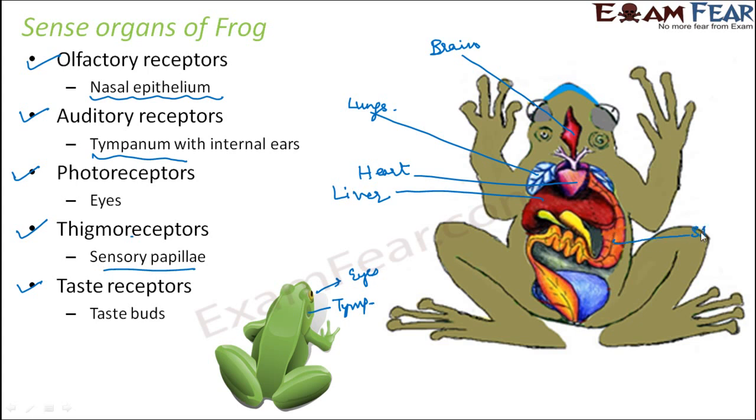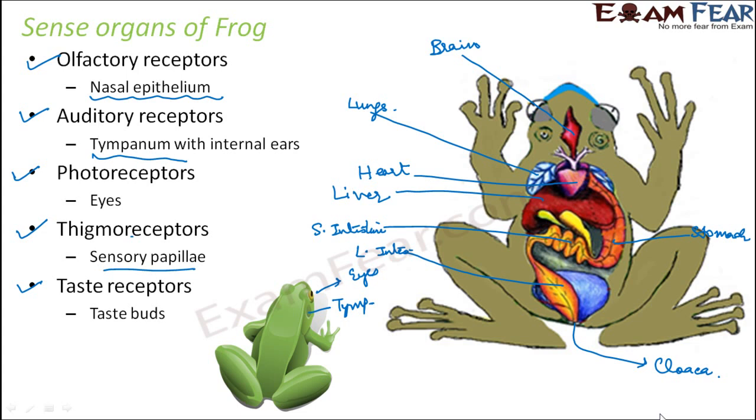Even below that you have this coiled tube-like structure, which is nothing but the intestine. The intestine starts from here. This is the small intestine, and then later this goes towards the anus or the exterior, so then it becomes the large intestine. This is the large intestine, and this opening is nothing but the cloacal aperture or the cloaca.